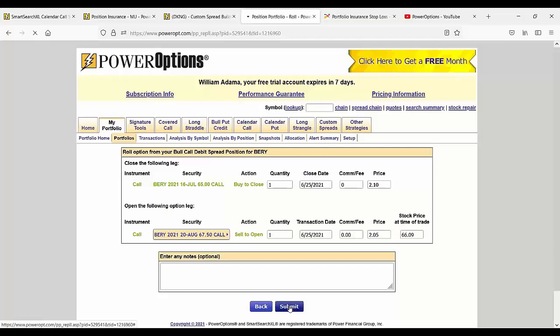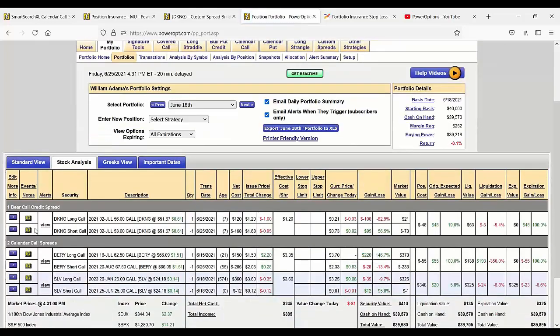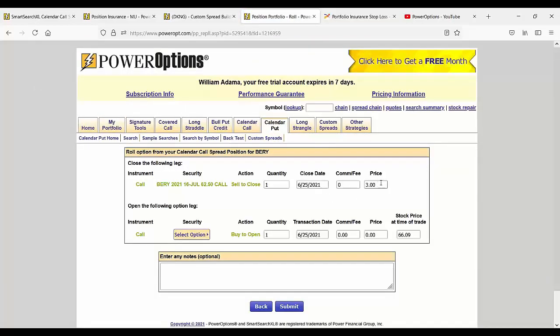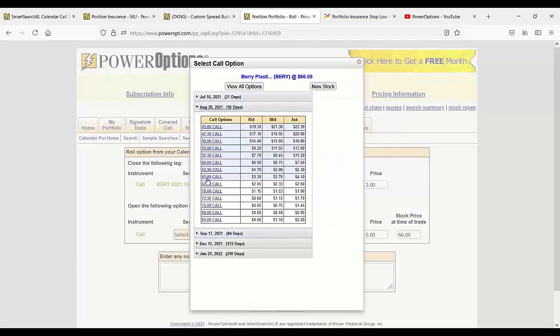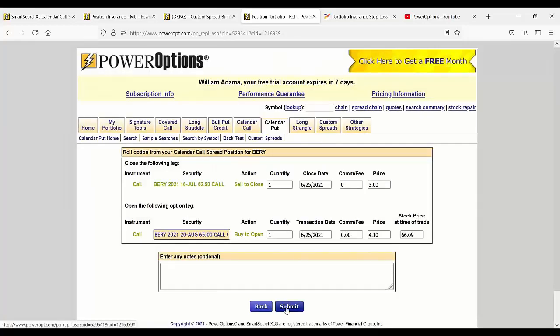You wouldn't do this roll, I understand, James, it's not kind of a roll you do. And now it counts as a calendar spread at this moment, so we're going to roll this one up to the August 65 at 4.10. Okay. All right.